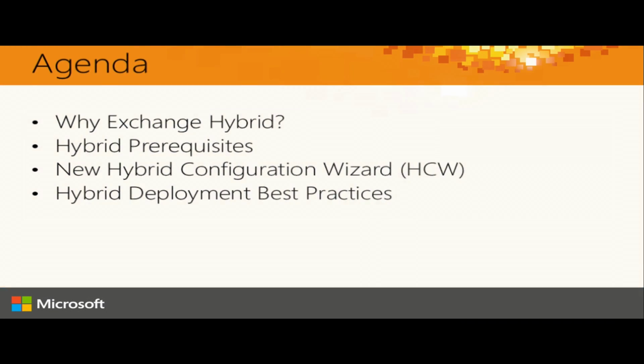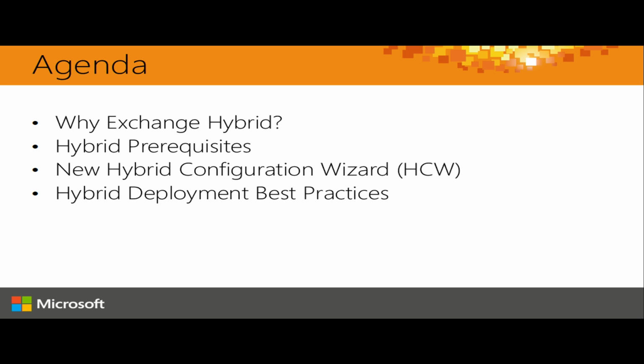There we go. All right, for our agenda, we'll talk about why we need to deploy Exchange Hybrid. There are different ways to move to Office 365, so we'll look at the different scenarios. What are the advantages of doing hybrid deployment? And then after that, we'll talk about the prerequisites of going hybrid. And then we've got this new hybrid configuration wizard.